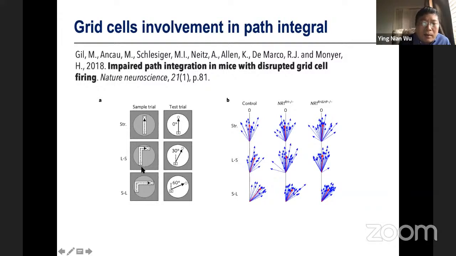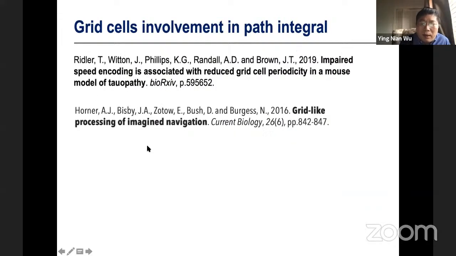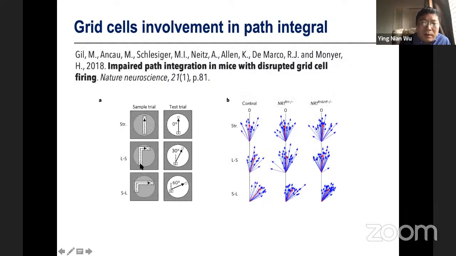Then normally, if you remove the corridor, the rat knows the position, even though there are no visual cues. And the next time it can go from home directly to this position where there may be reward. But if you disrupt the grid cell system, then the rat cannot calculate where it is.